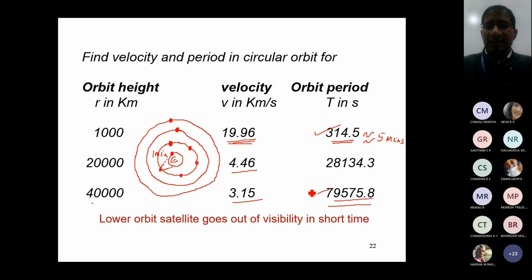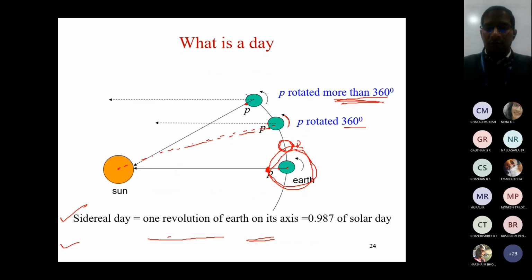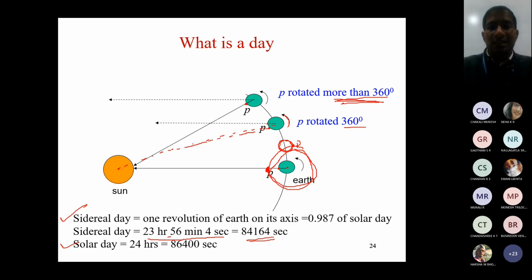So different satellites take different times to complete one rotation. So which satellites take this 84,000 seconds to complete one rotation? What is the answer?